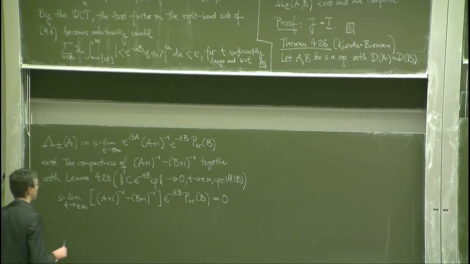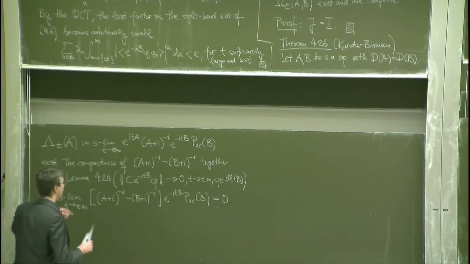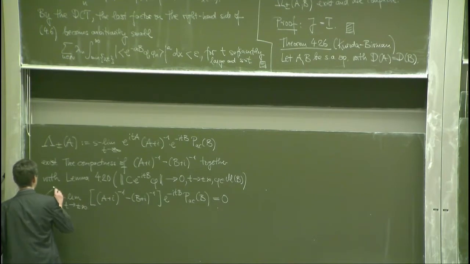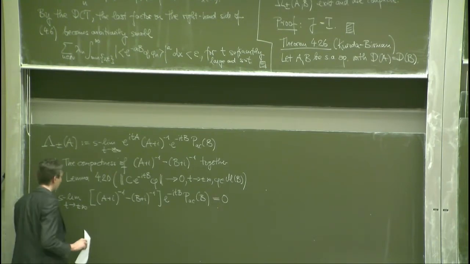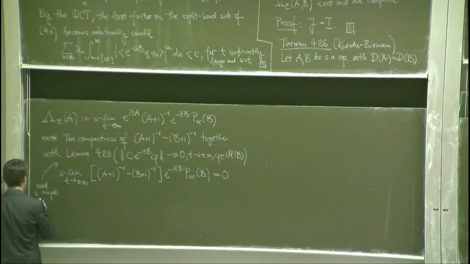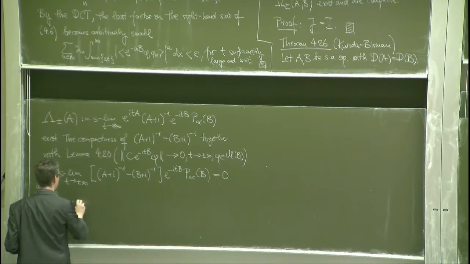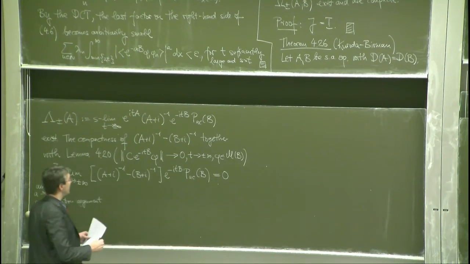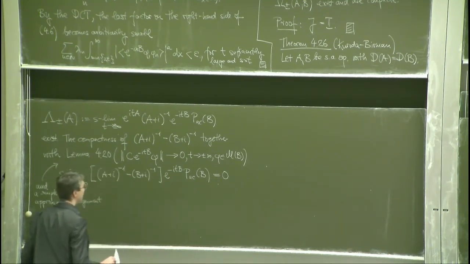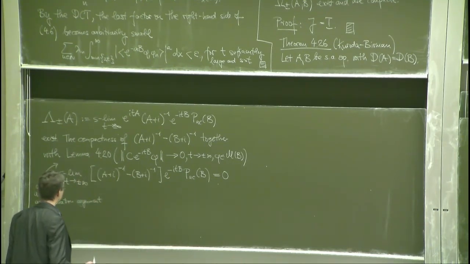Of course, we should add here a simple approximation argument, because this result only holds for this dense subspace M of B, but then by approximation it's clear that we also get it on the whole space.